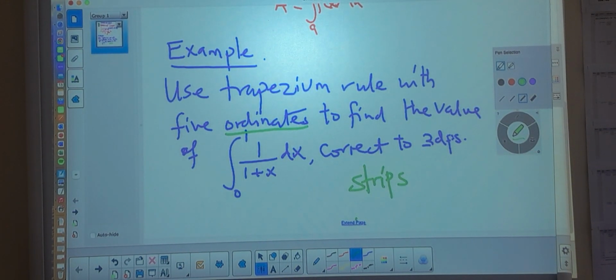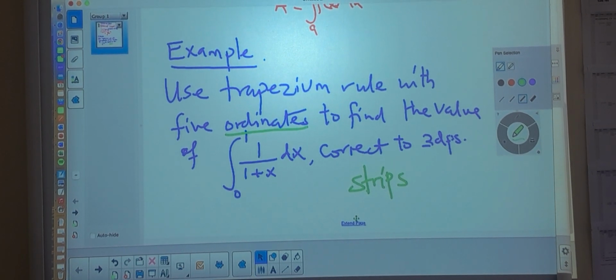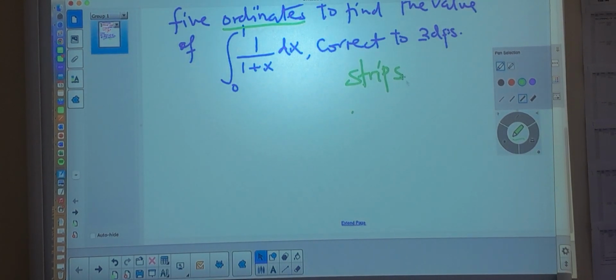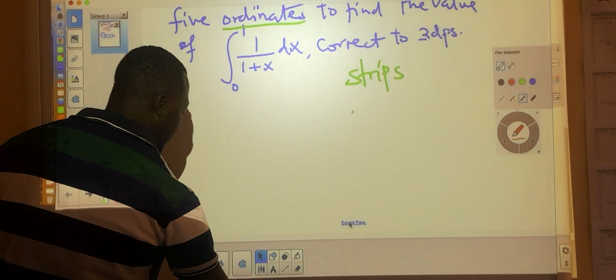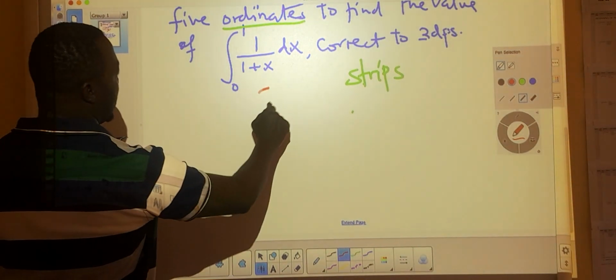I am very sure your teacher must have told you the difference between strips and ordinates. The number of ordinates exceeds the number of strips by 1, and therefore if we have 5 ordinates, then the number of strips is 4. So we will have that as our solution.